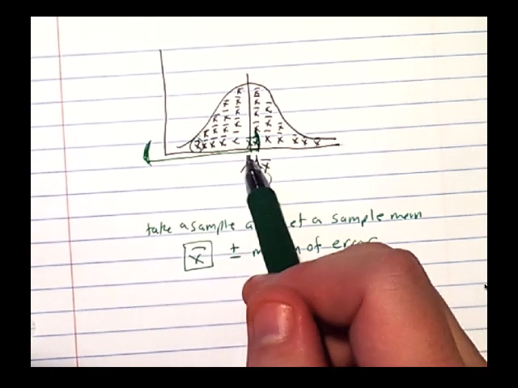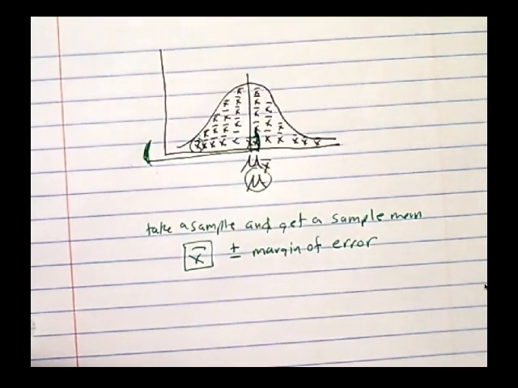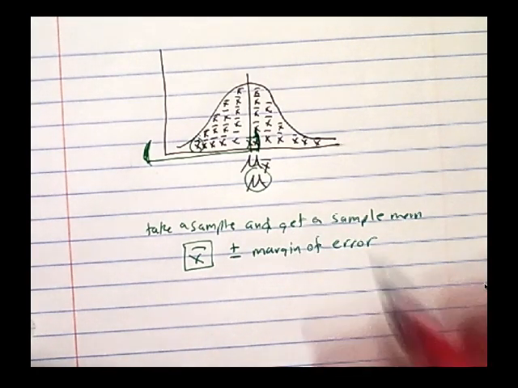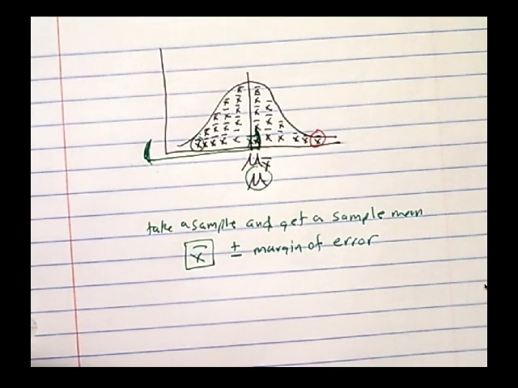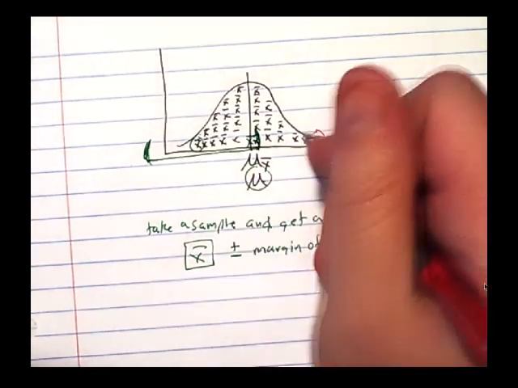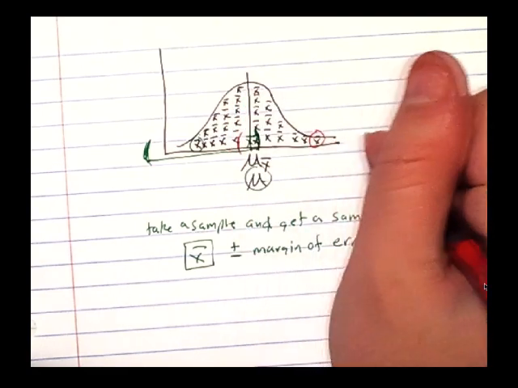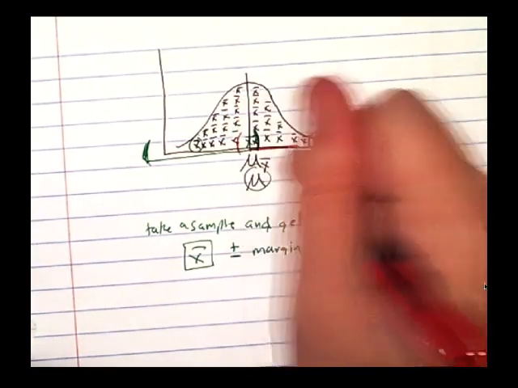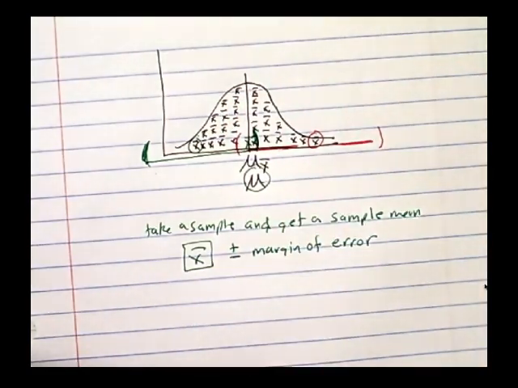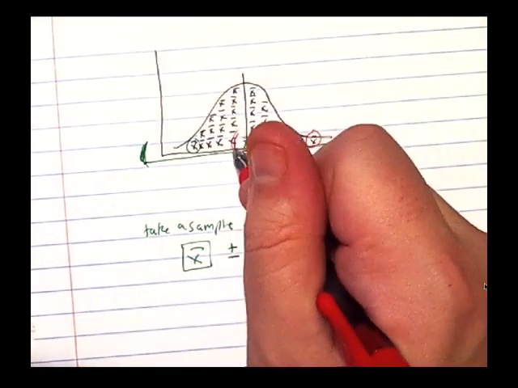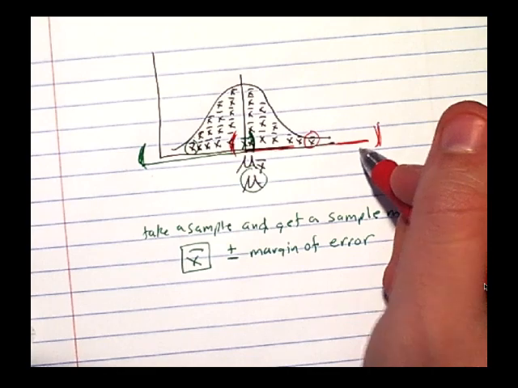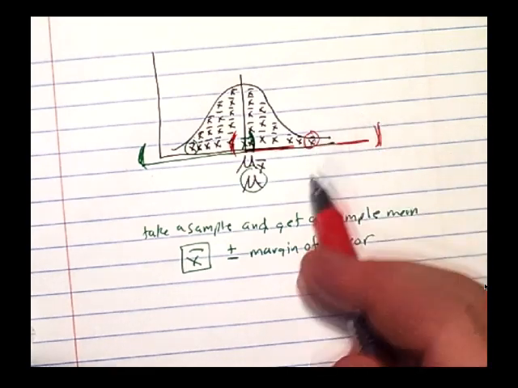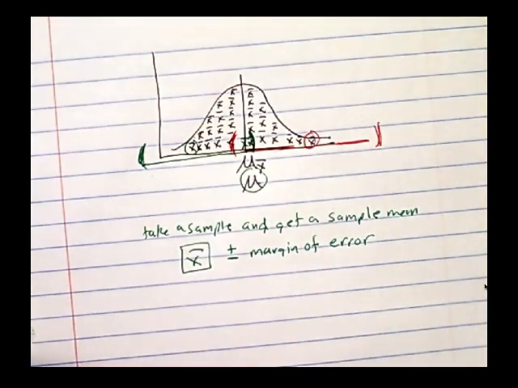We don't know where it's going to be, because hypothetically, we don't know if we're getting a higher sample mean than the true mean. So when we make this interval, all we're saying is we have some degree of confidence that the mean would be anywhere from here all the way up to there, because we don't know if this x-bar is on the high side or on the low side.